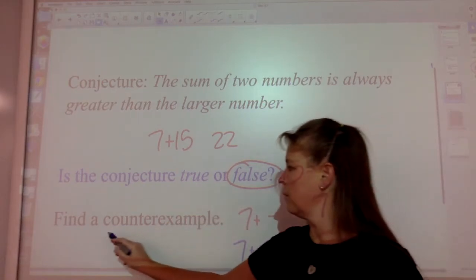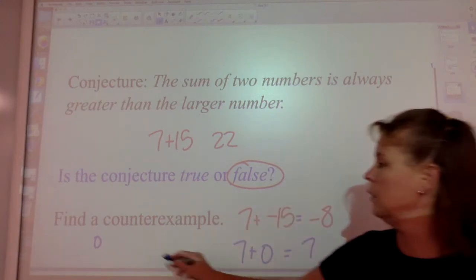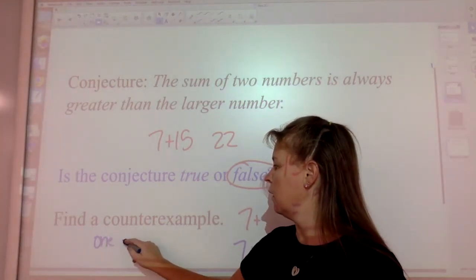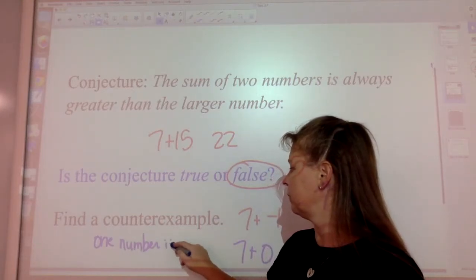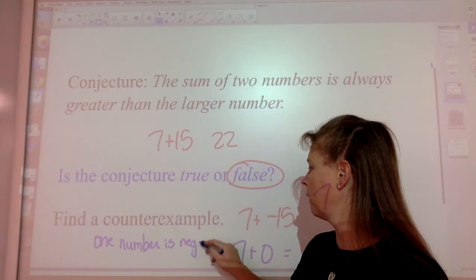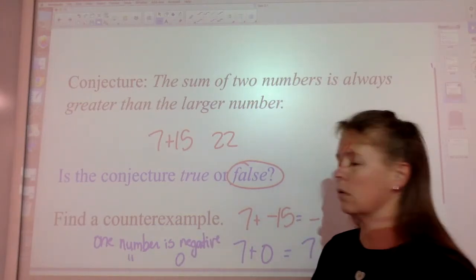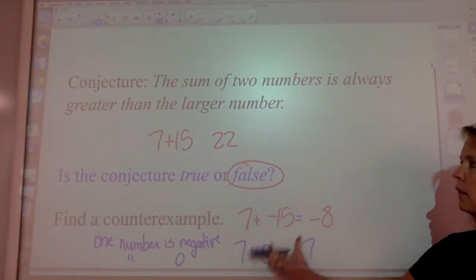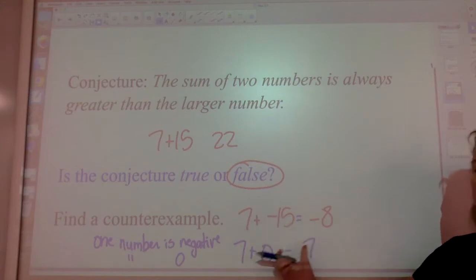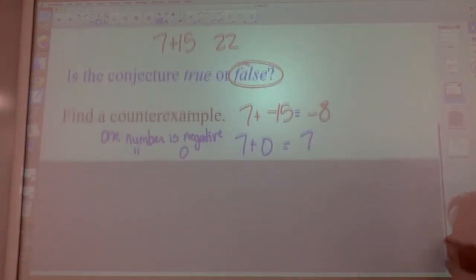So for a counterexample, you could give one specific example, or you could say one number is negative, or you could also say one number is 0. Either one of those would be a counterexample, or a specific case where you just show something mathematically would also count as a counterexample.